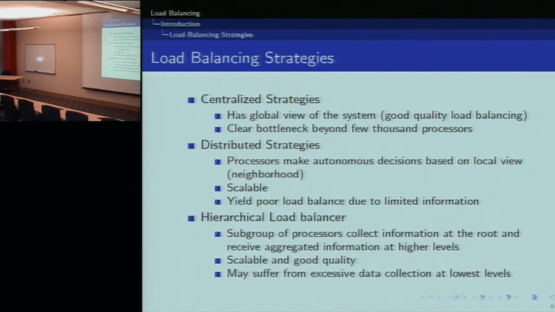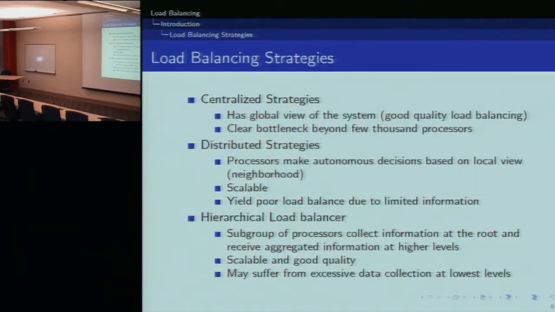To overcome the disadvantages of centralized and distributed strategies, hierarchical strategies have been used, and they were used in LeanMD to scale LeanMD to 300,000 cores. This is a good mix of centralized and distributed strategy. In this case, the processes are divided into subgroups, and the root of each subgroup is in charge of taking the decision for that subgroup, but it's kept in a hierarchical fashion.